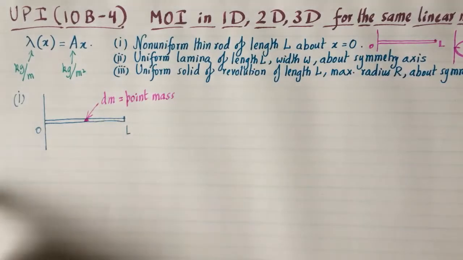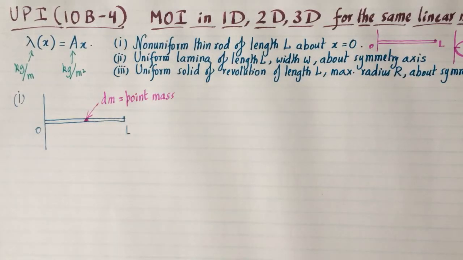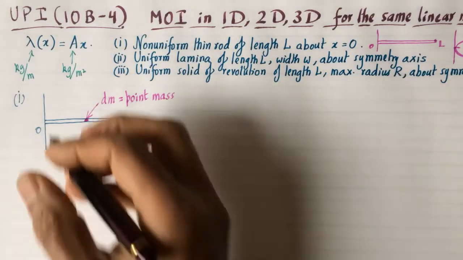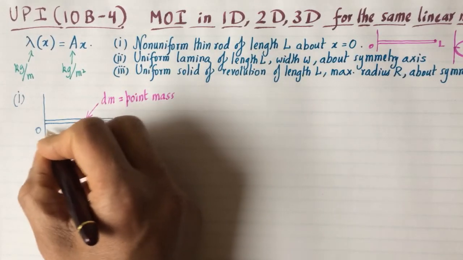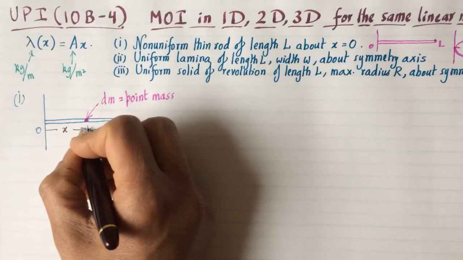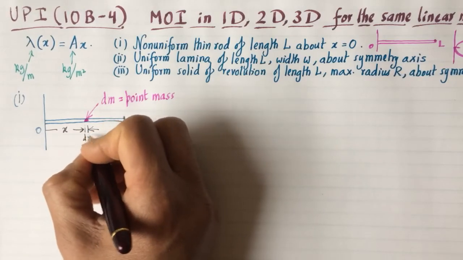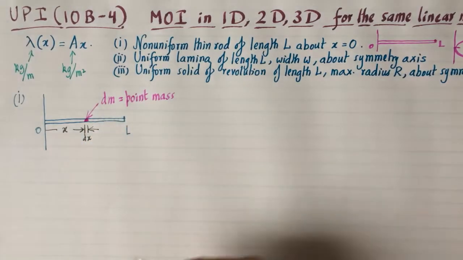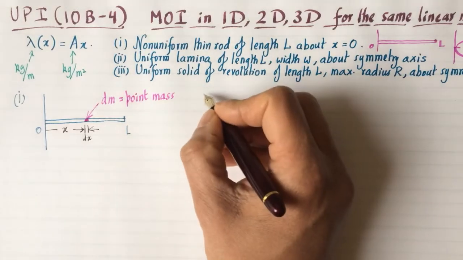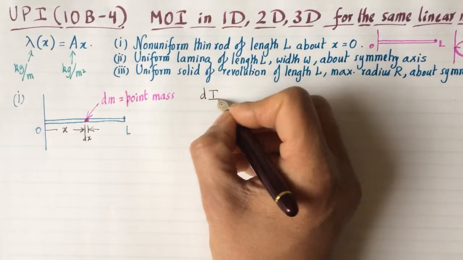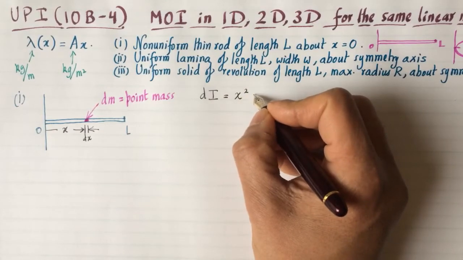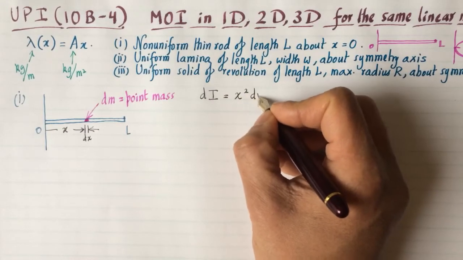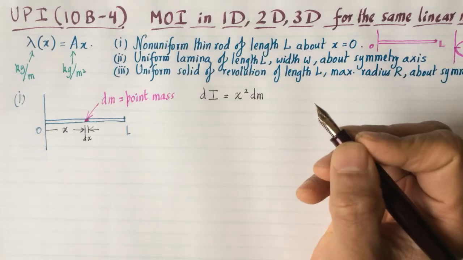The width of the point mass is dx, and the length is x. Now, the moment of inertia of a point mass is found simply by multiplying the mass by the distance squared. The distance is x, so it's x squared dm.